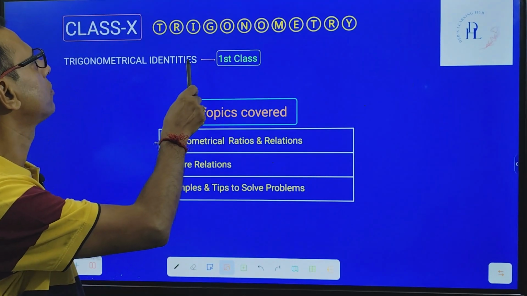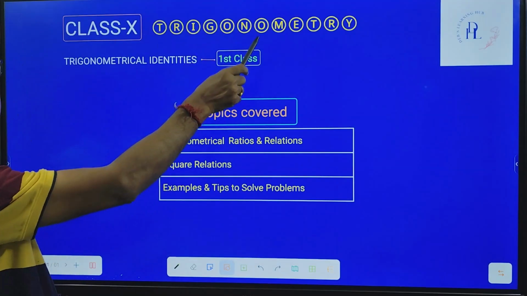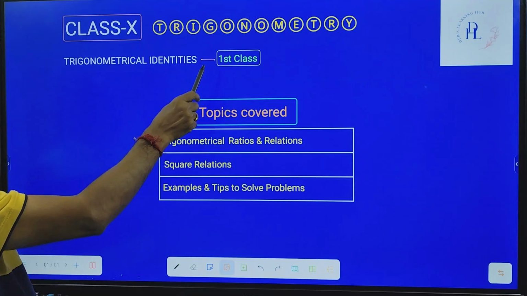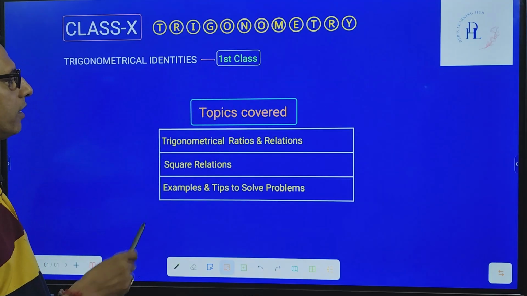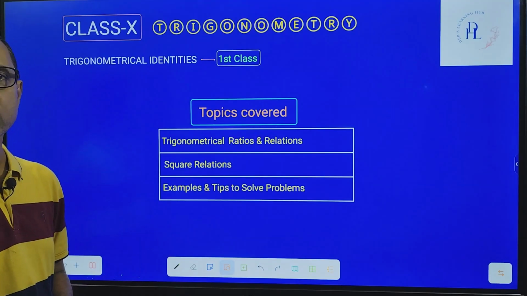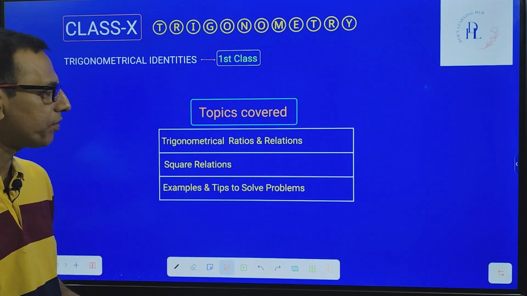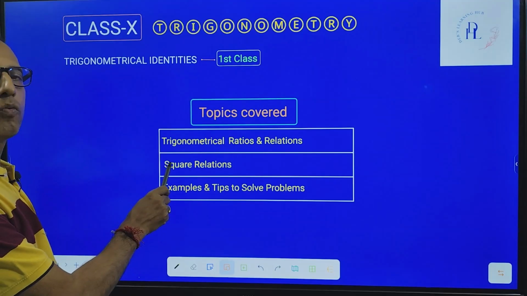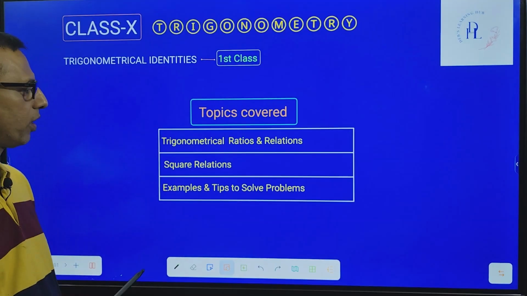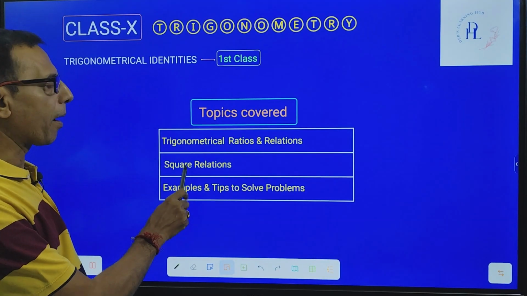So we are going to start class 10 trigonometry, and this is the first class on trigonometrical identities. And what are the topics I am going to cover today? The topics will be: trigonometrical ratios and relations, so the idea of trigonometry, and then square relations, a few of the formulas and evaluation of those formulas, and then a few examples.